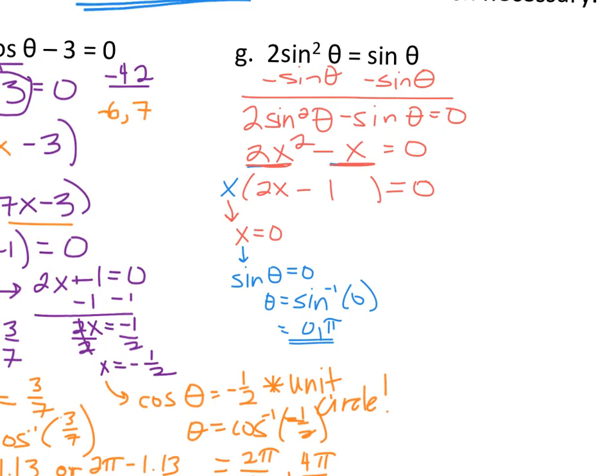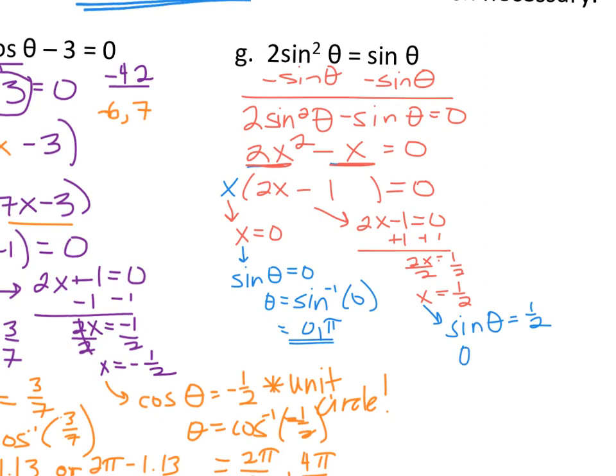For that parenthesis, if we set 2x minus 1 equal to 0, we'll just move the 1 over and divide by 2. And we get x equals 1/2. Knowing that we're not just solving for x, we're using sine as our trig function. If we say sine theta equals 1/2, to get theta by itself, we'll take the inverse.